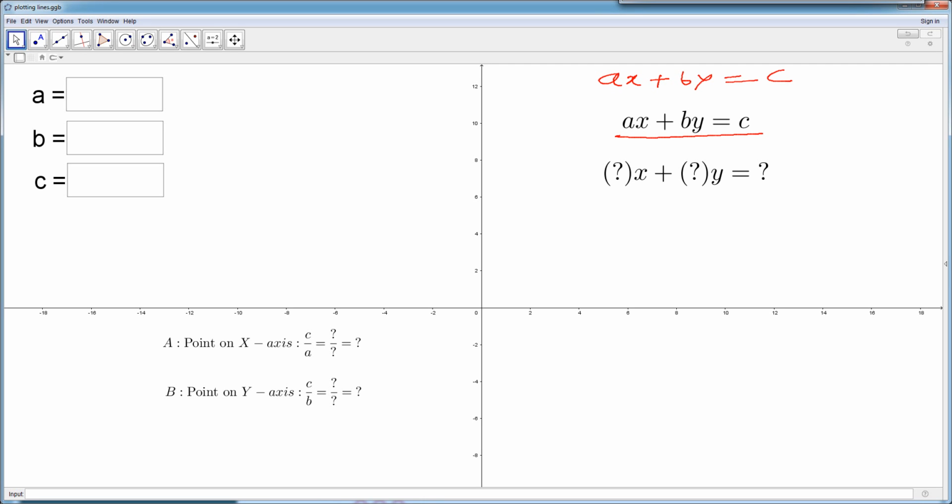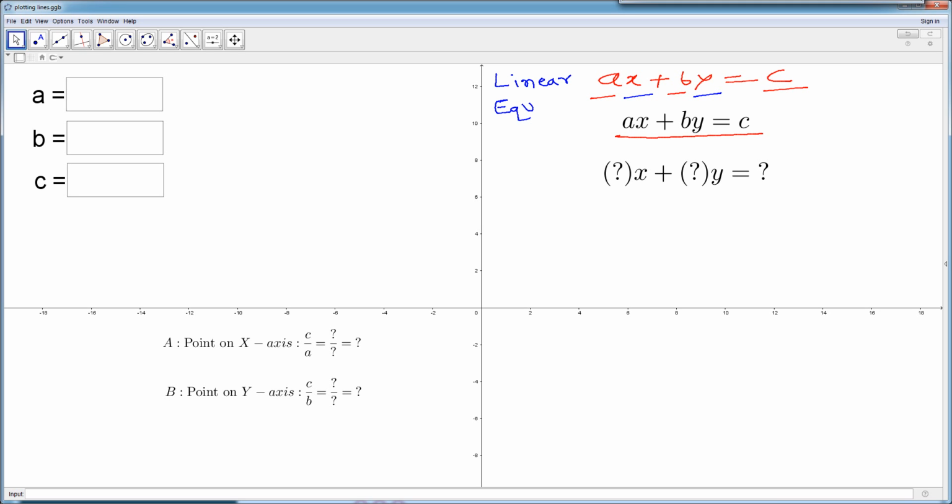Here a, b and c are constants or real numbers, whereas x and y are variables. This is also called a linear equation because its graph represents a straight line.